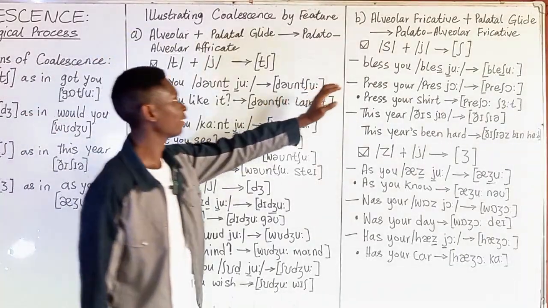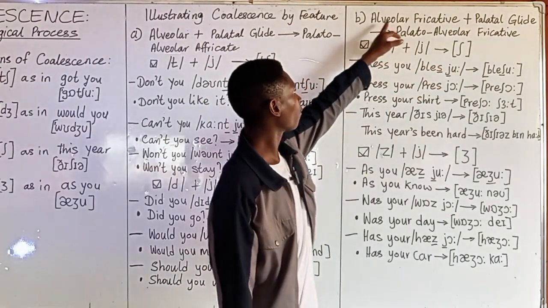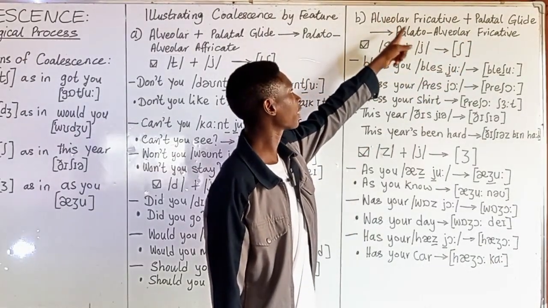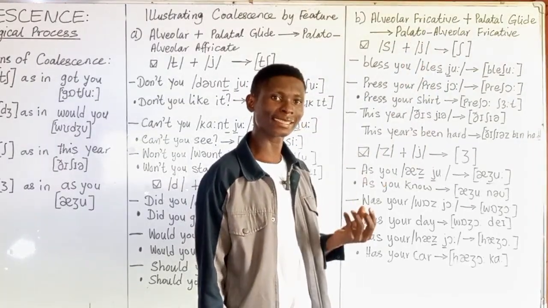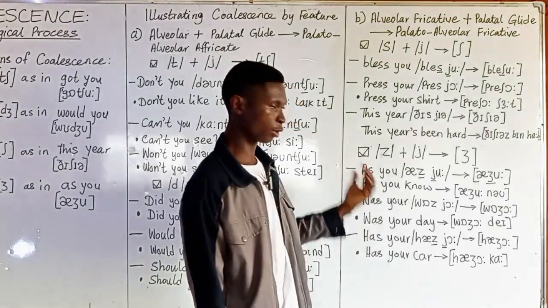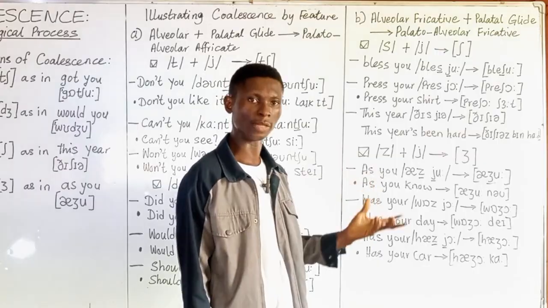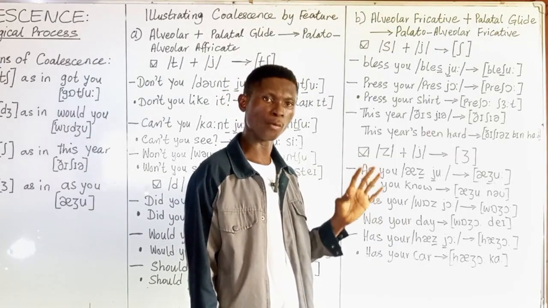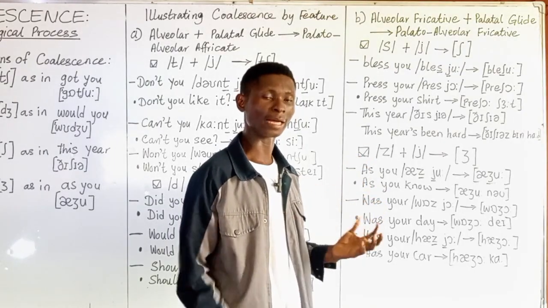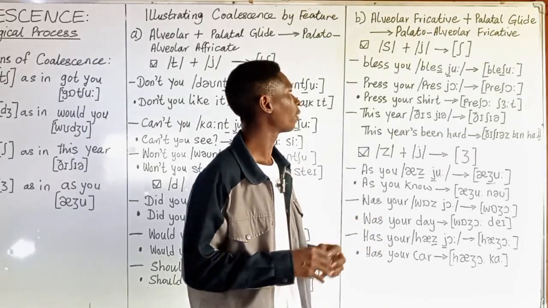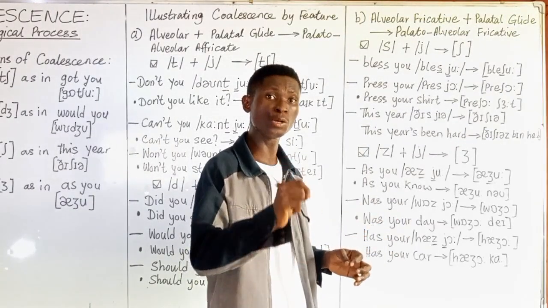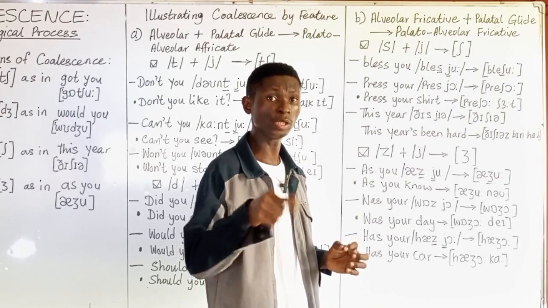Moreover, let's consider the other part of it, alveolar fricative plus palatal glide. The alveolar fricative is either s or z, the voiceless form or the voiced form. When we have either of the two at the end of a word, and the following word begins with the y sound, we are going to have a coalesced form, as the two sounds are made to give us a single new sound.